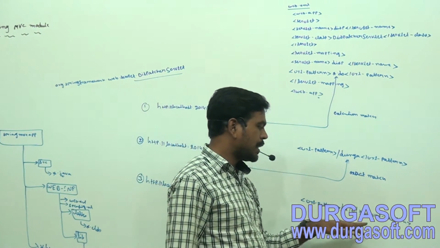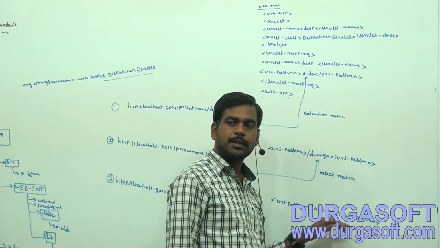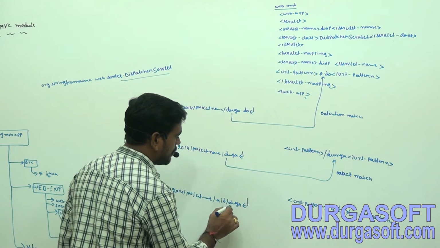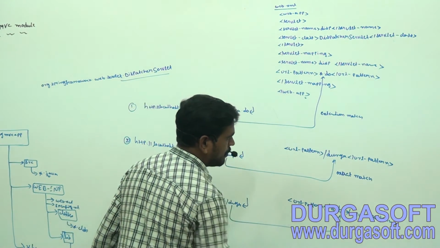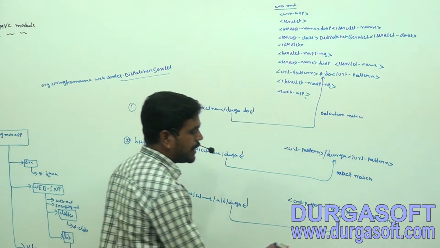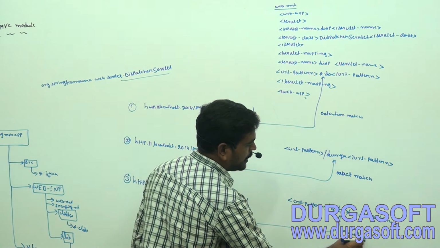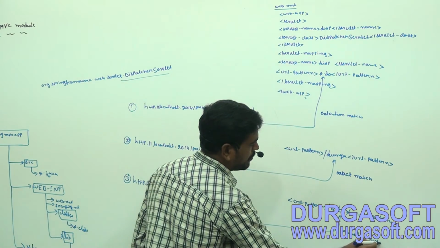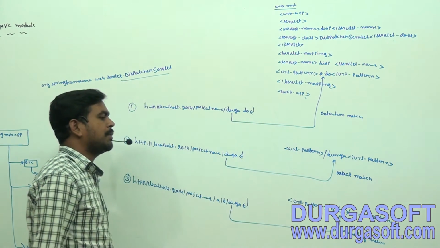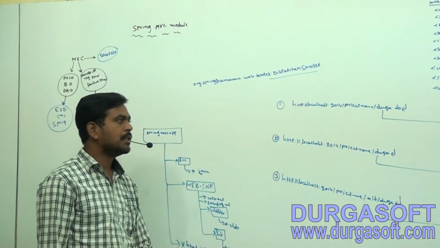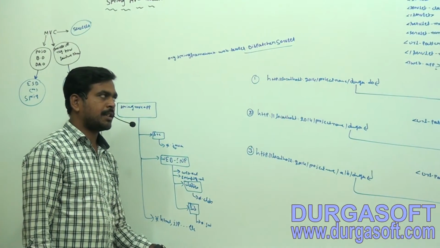For directory match, at the end we must take what? Star. This is what? Directory match. Now we can use any one of the URL patterns and make a request to that application, right? So these many URL patterns are there.